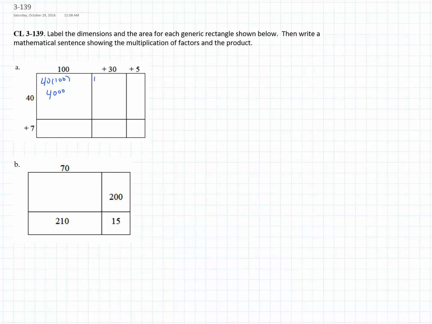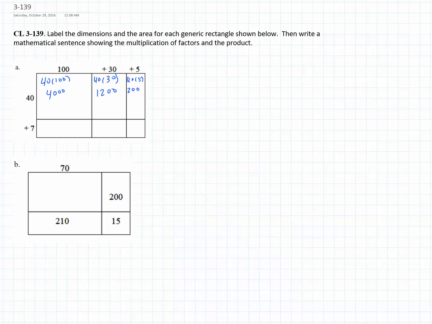Here we have 40 times 30 now, 4 times 3 is 12, and we have 2 zeros, 1200. Here we have 40 times 5. 4 times 5 is 20, and 200.